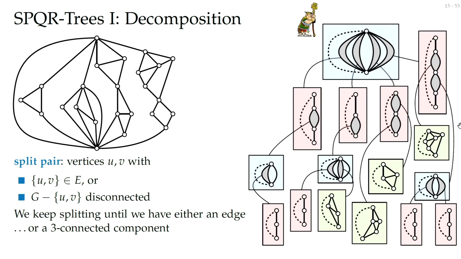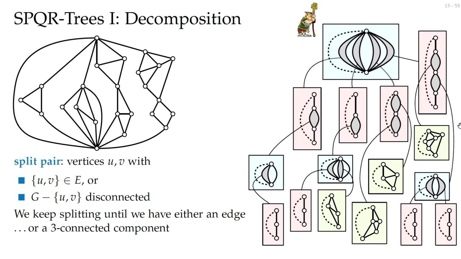So when you start building your SPQR tree, you pick any edge, and that's the root. That's the first split pair that you use. This can be this edge that we used here. It can also be this. It can be any in between. In the end, if you draw this, the edge will be on the outer face. And then you start splitting from there.